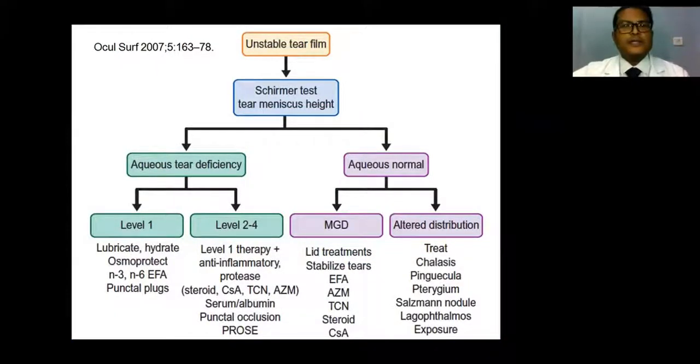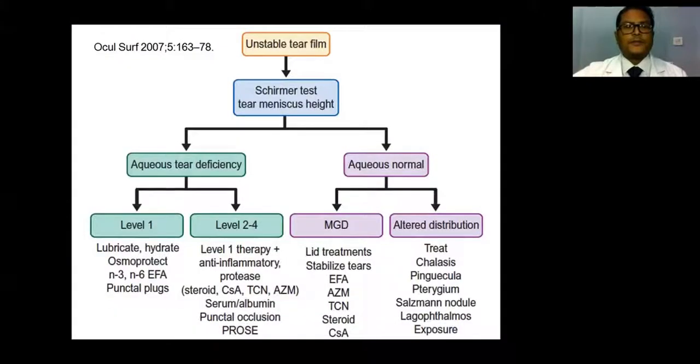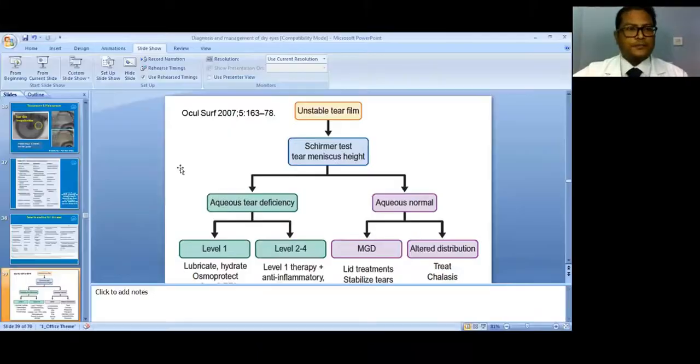So, when there is an unstable tear film, it's important to look for the tear meniscus height and the result of the Schirmer's test. And then categorize whether you are dealing with an aqueous tear deficiency or an aqueous normal condition.